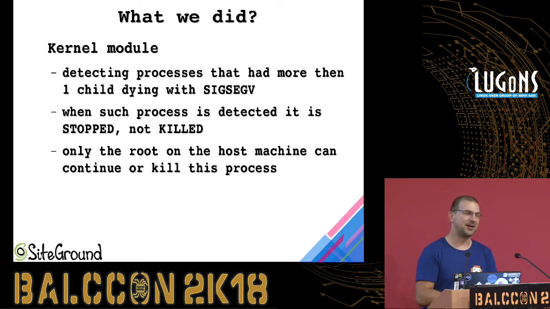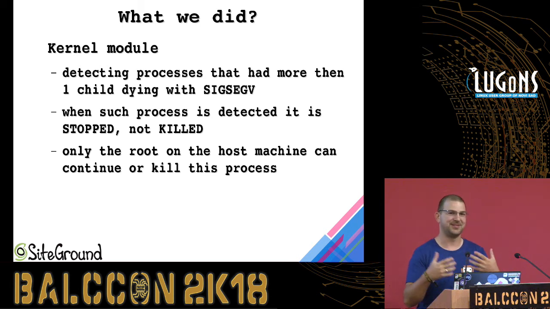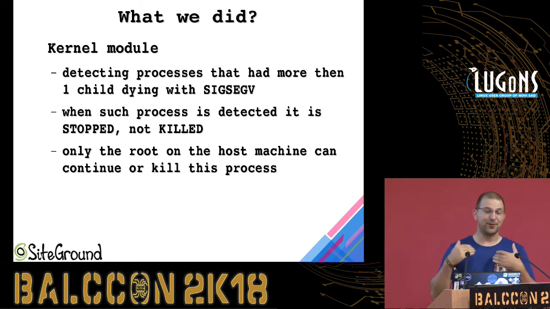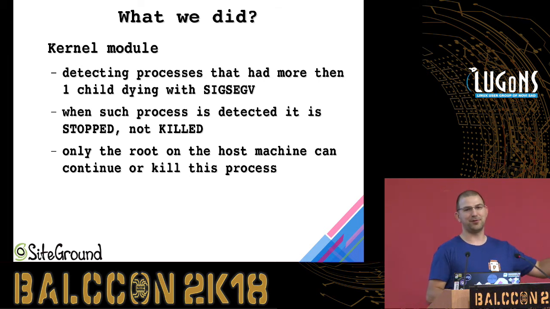The user can see the process, that it is in D state, that it's stopped, but you cannot continue it. We also log that we have stopped this process, so we know the user, the process ID, the actual command, the path to the command, and we can inspect the command or suspend the account or suspend the container.